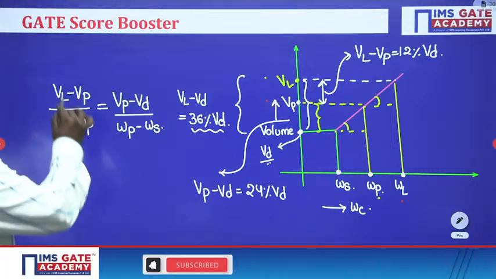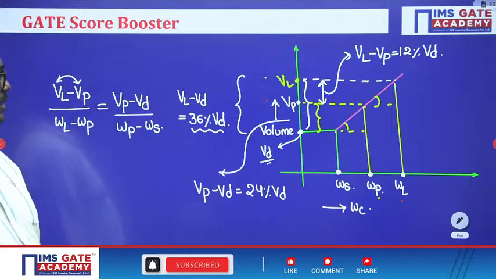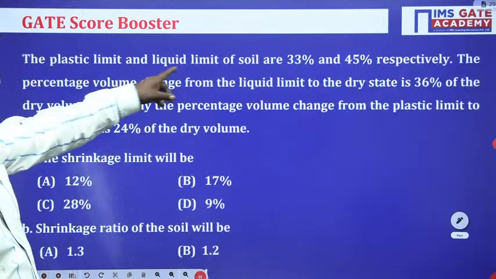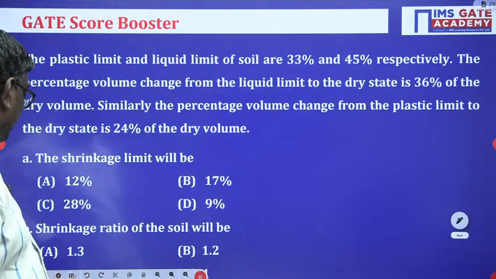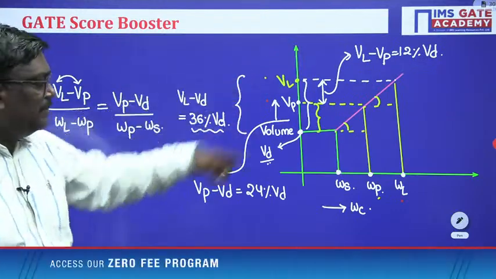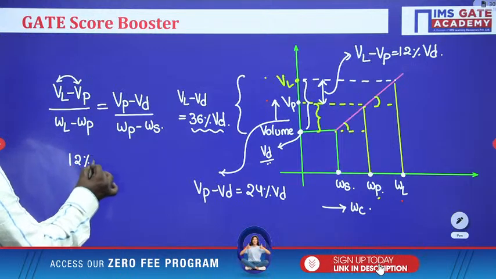What is VL minus VP? They have given VL as 36 percent of the dry volume, similarly VP as 24. So VL minus VP is 12 percent of VD.